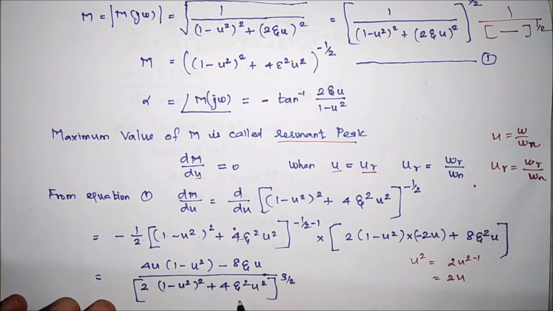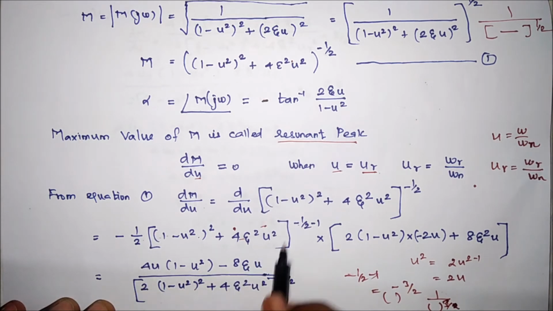Next, what we have to do? This will become minus 1 by 2 minus 1. If we take LCM, it will become minus 3 by 2. Now if we bring this into the denominator, it will become plus 3 by 2.